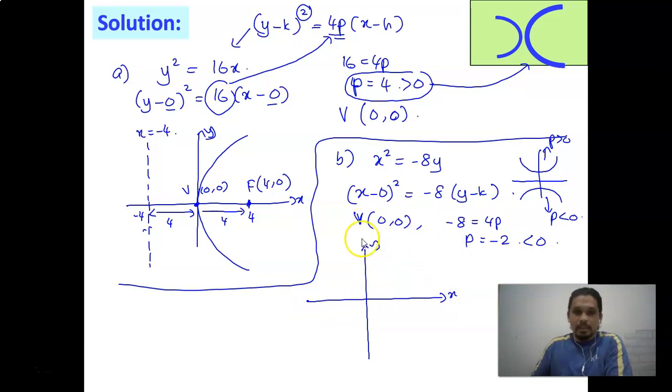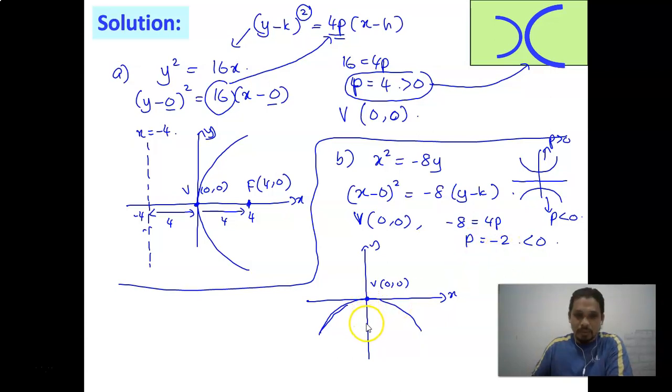The vertex is (0, 0), the origin. p is negative 2, which is less than 0, tells us that the graph is facing downward. The distance is 2.